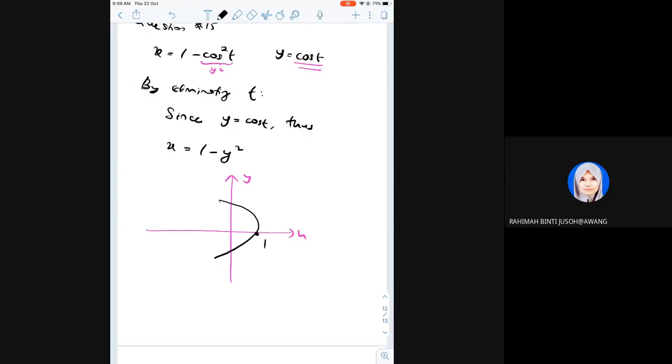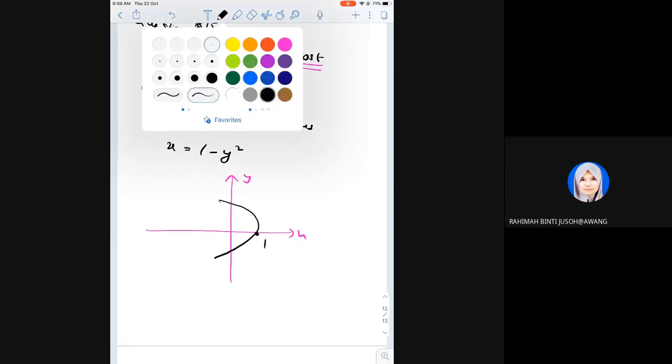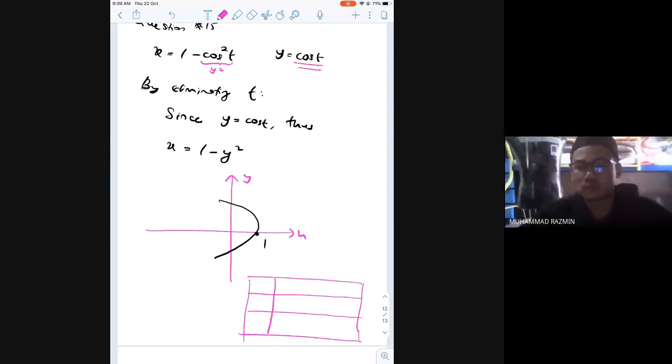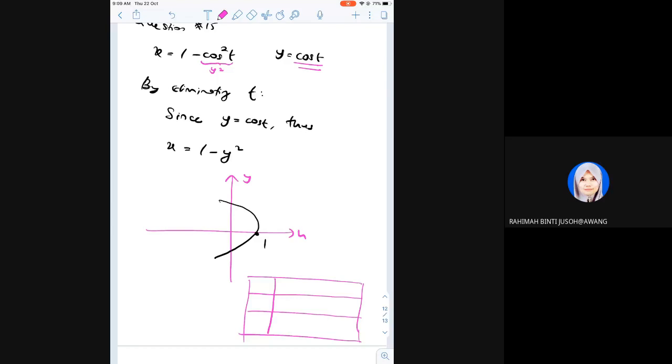You all ada calculator? Saya nak explain sikit pasal soalan ni. Cuba you tekan calculator you, tukar kepada mode radian. Cuba you tekan cos 99999.